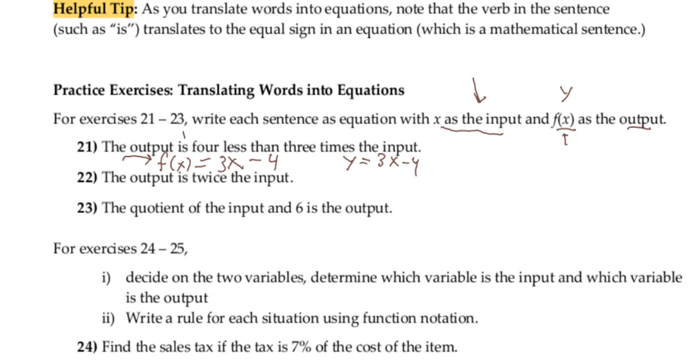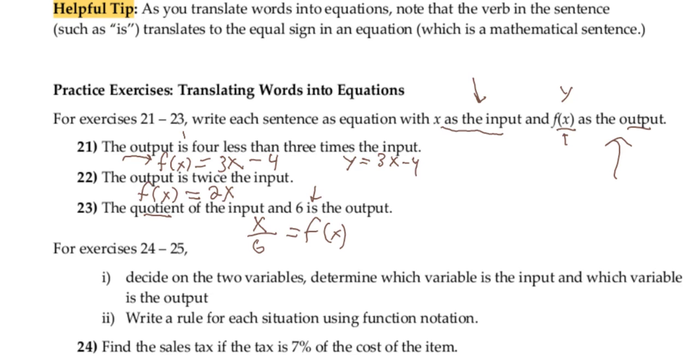And for 22, the output, so f of x is the output because that was what's written up here. The word is means equals, twice the input, so that's 2 times the input is x. And then I may as well do the last one, quotient. Quotient means division. So the quotient of the inputs, that's x and 6, is equal to, the word is means equals, the output is f of x.